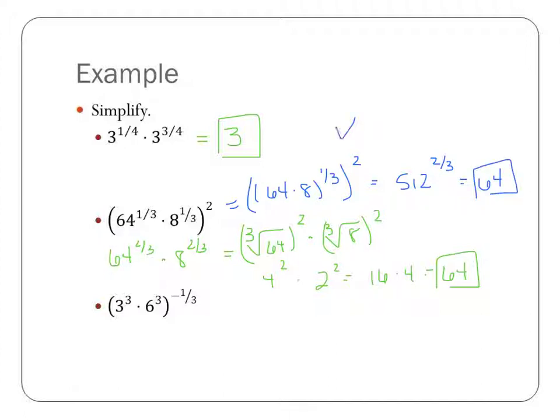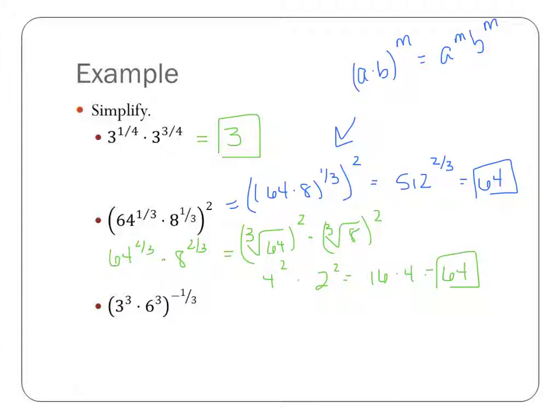This property we used right here comes from if you have a times b to the mth power, that's a to the m, b to the m. So we're just doing that property backwards.